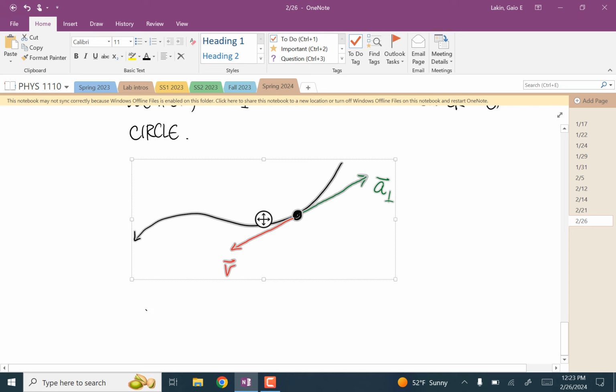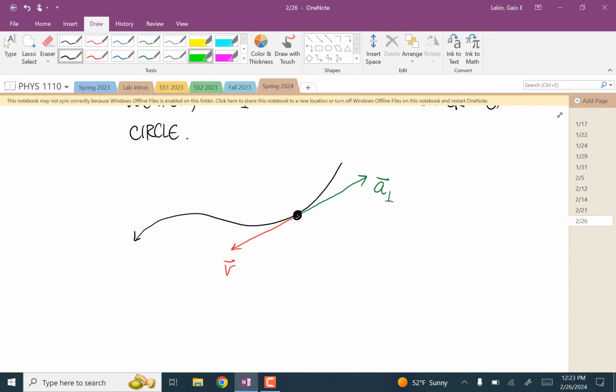Okay, so for this one, if I fit a circle to the path at this instant, it would be on this side. Do you see that? Any questions about what I mean, fit a circle to it?